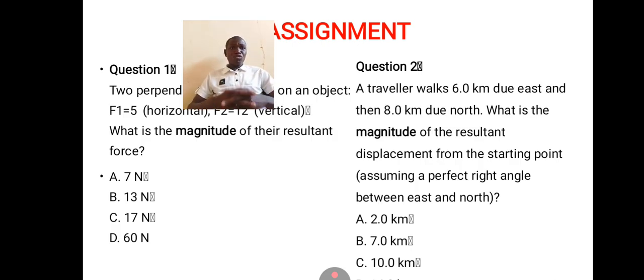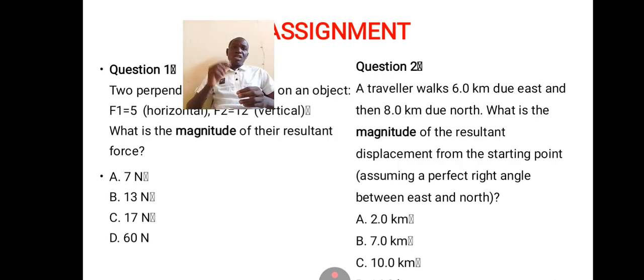So now look, 6 kilometers to the east, then 8 kilometers to the north. What is the magnitude of the resultant displacement? Simple. So it's the same principle. They may decide to use displacement, they may decide to use velocity, but you have to know. Now, let me ask you this. What if they say two forces are acting on an object?